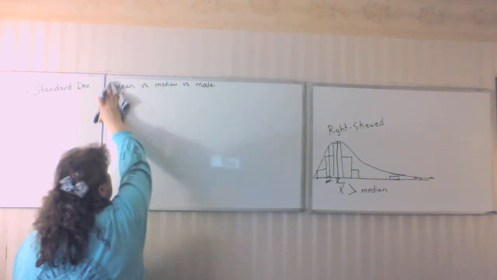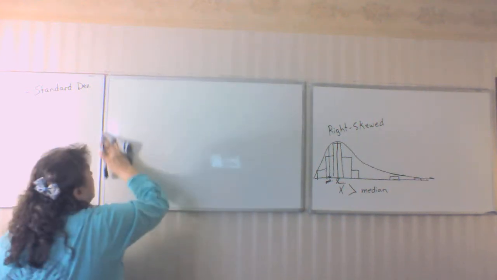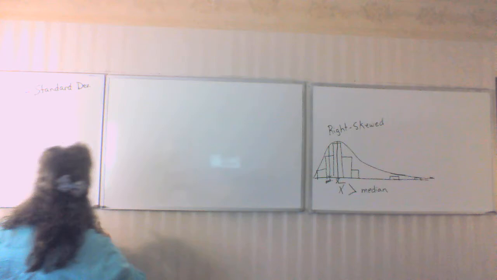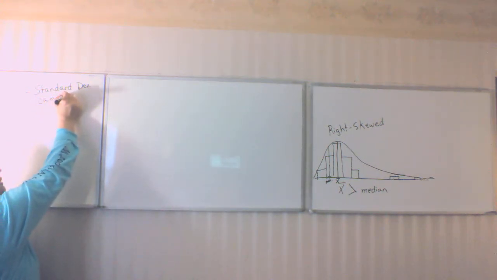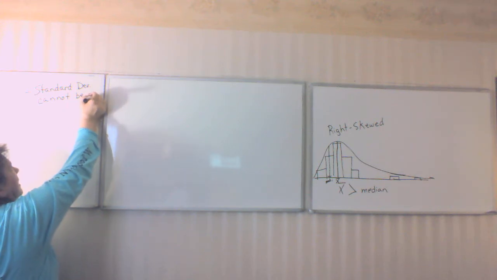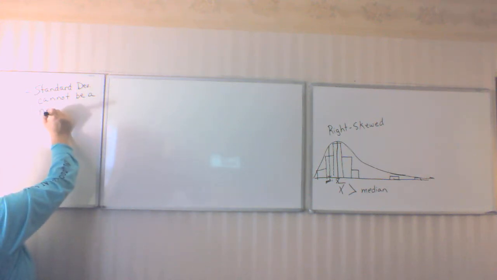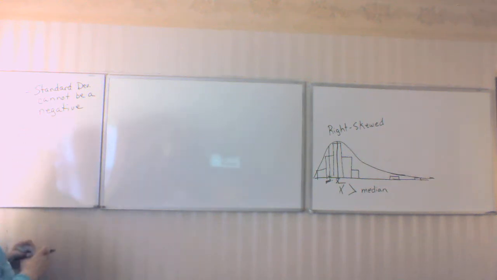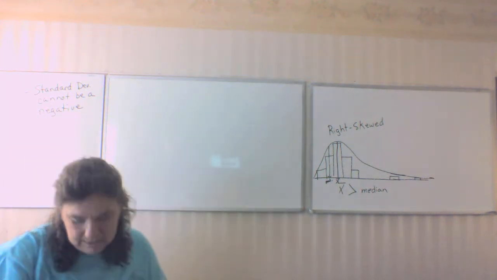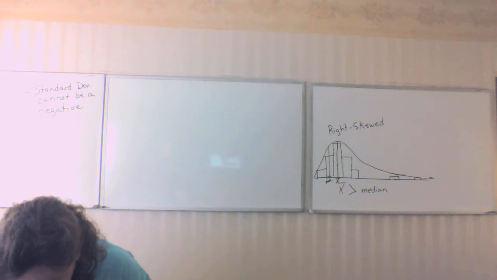Because a standard deviation is a measure of distance, a standard deviation cannot be a negative number. So if you get a negative standard deviation, then that's not possible.